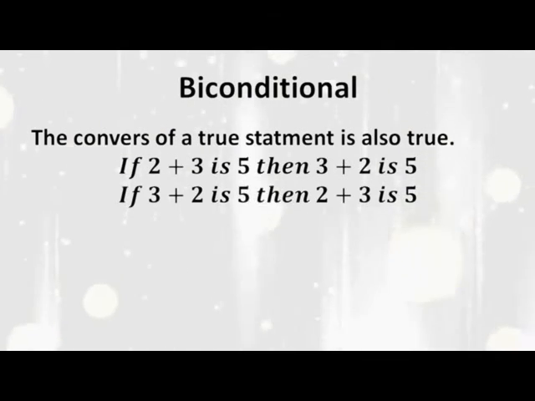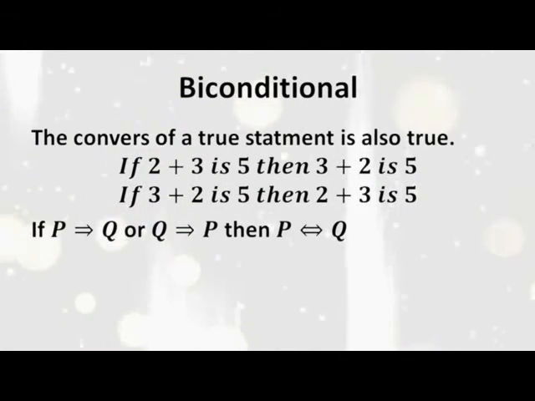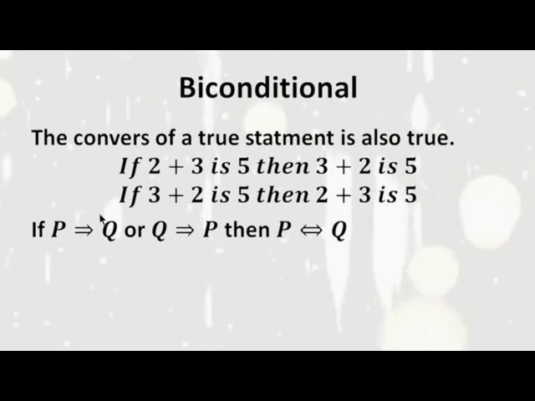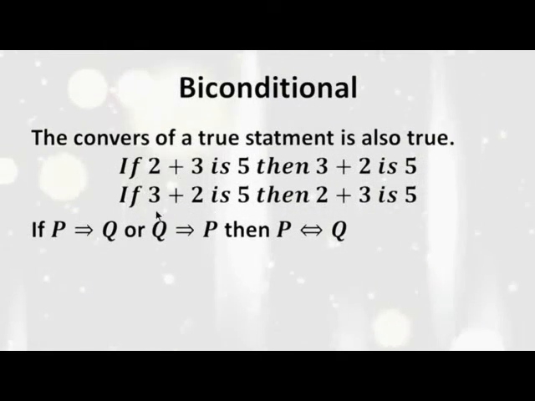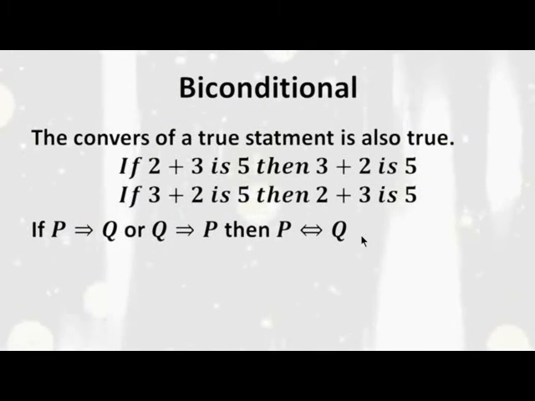Let's see the converse. If 3 plus 2 is 5, then 2 plus 3 is 5. If P then Q and Q then P, then P biconditional Q. So if the statement is true and the converse is true, P is biconditional with Q.